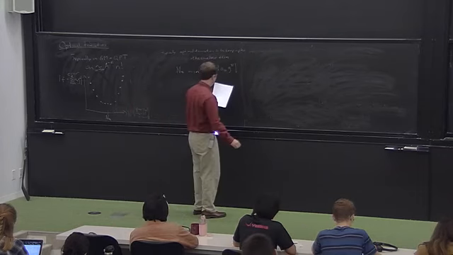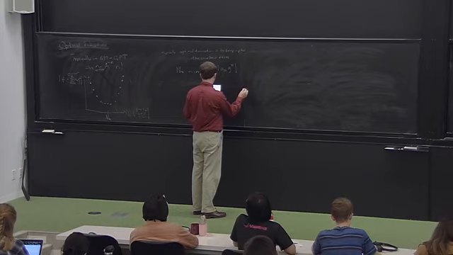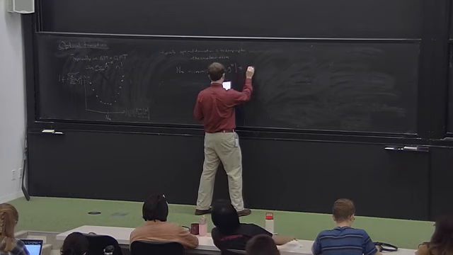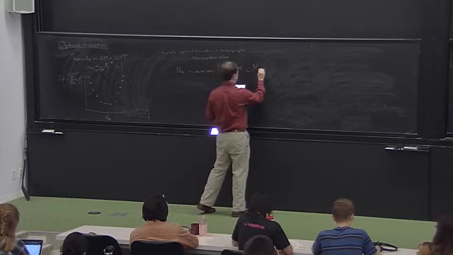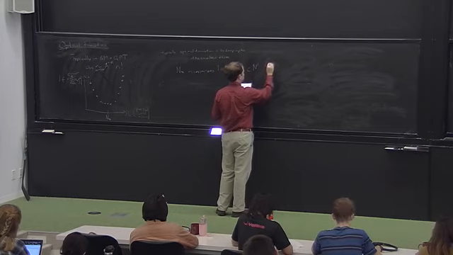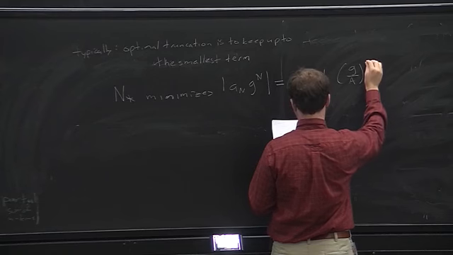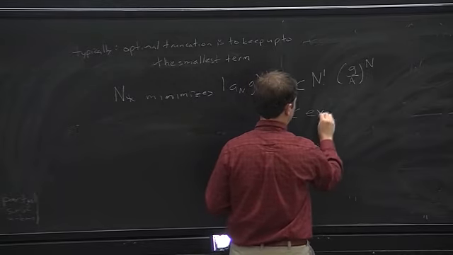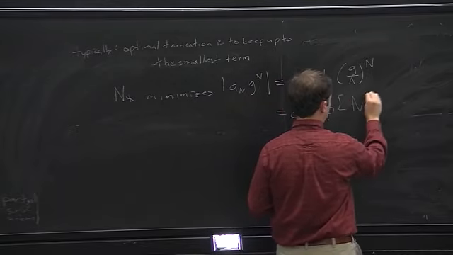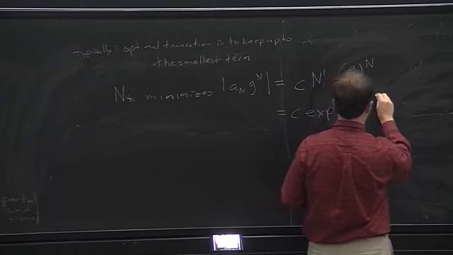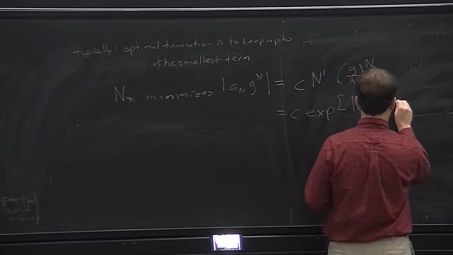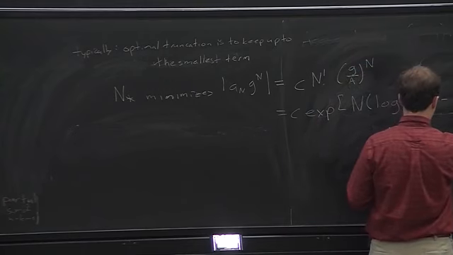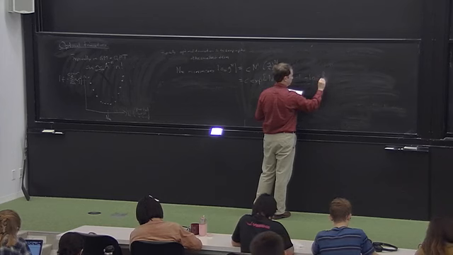and so that's some constant times n factorial for g over a, where a is another constant, to the n, which is c times the exponential of, using our approximation for n factorial from last week, n times log n minus 1 minus log of a over g.